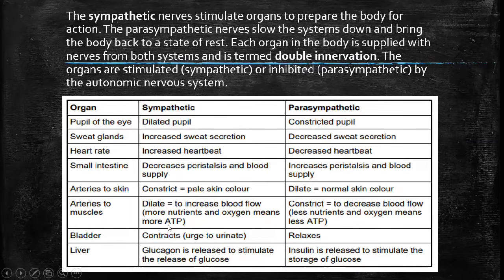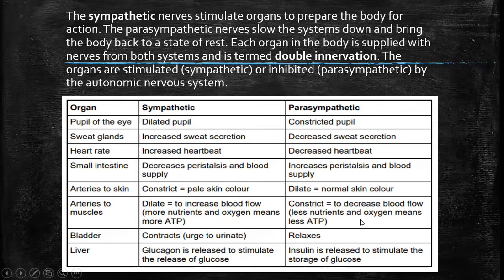These nutrients are important for production of what we call ATP, which we did in grade 11 when you did cellular respiration. But they constrict during digestion and rest. So to decrease the blood flow, less nutrients and oxygen means less ATP. When you're resting, you don't need too much energy.